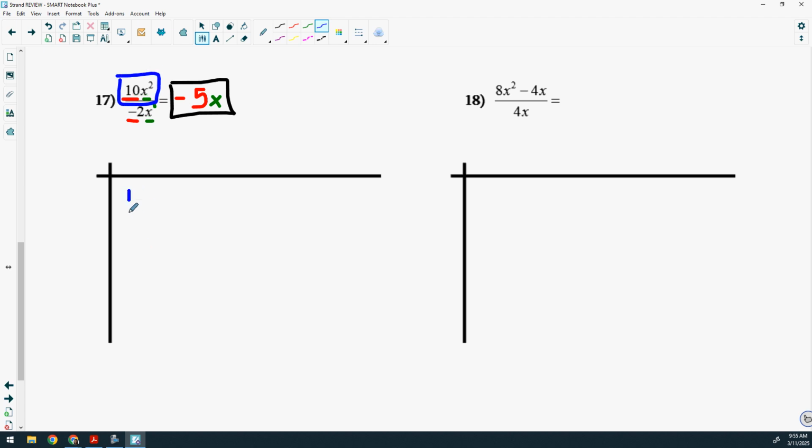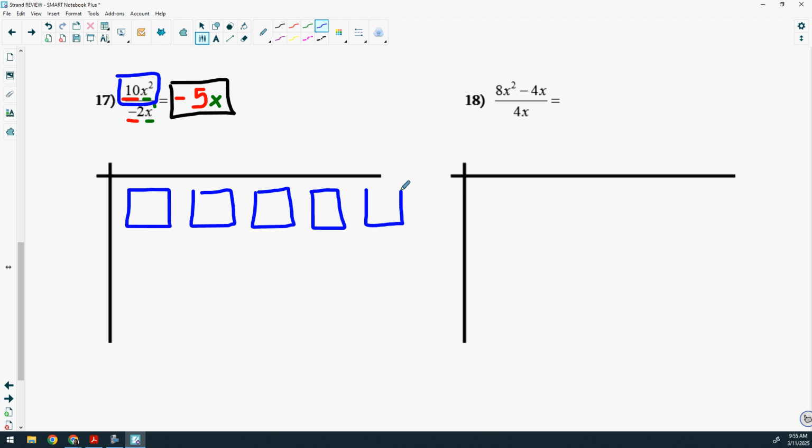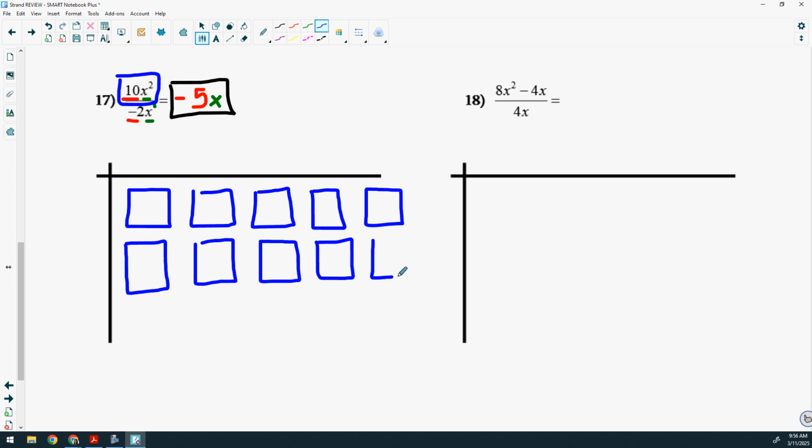So we have our 10x, so 1, 2, 3, 4, 5. Okay, and I'm just going to do groups of 2. So again, here we go.